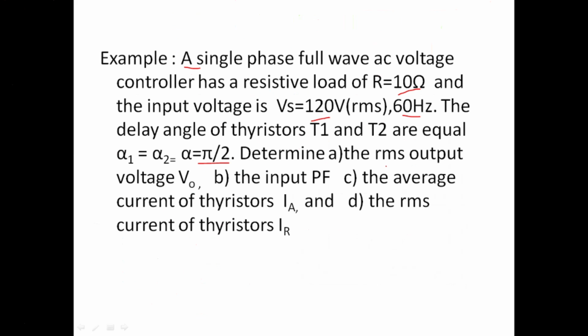Determine the RMS output voltage, then input power factor, the average current of the thyristors, the RMS current of the thyristors. All these things we need to learn now. Okay, so now we'll take this problem.